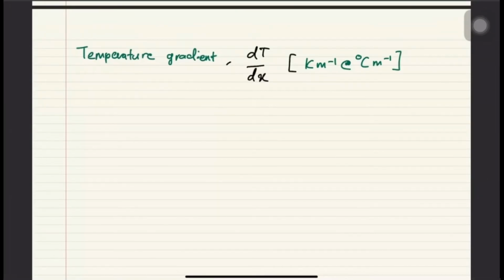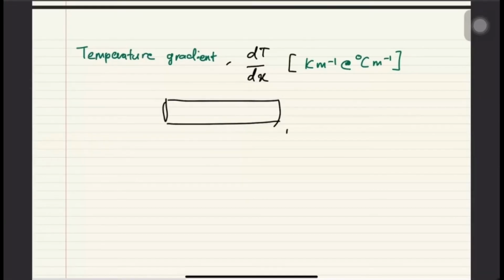So, if you have a metal bar without any insulator. Okay. And then you have, over here is 100 degrees Celsius, over here is 20 degrees Celsius. Again, the heat transfers from hot to cold, from left to right.